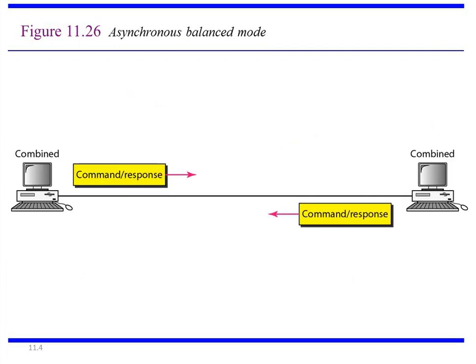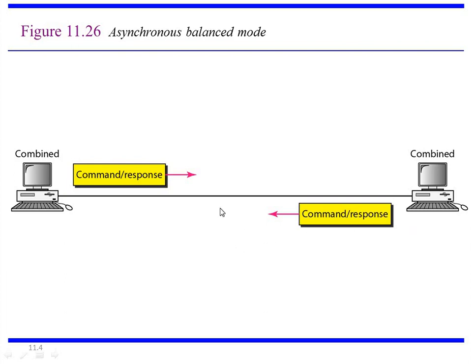This kind of response is called normal response mode, and this is an unbalanced type of communication. Then the next one is the asynchronous balanced mode, where the communication is balanced. Let us see node A and node B. In the previous case node A was a primary node and node B was a secondary node, but in this case both nodes act as commanding as well as responding.